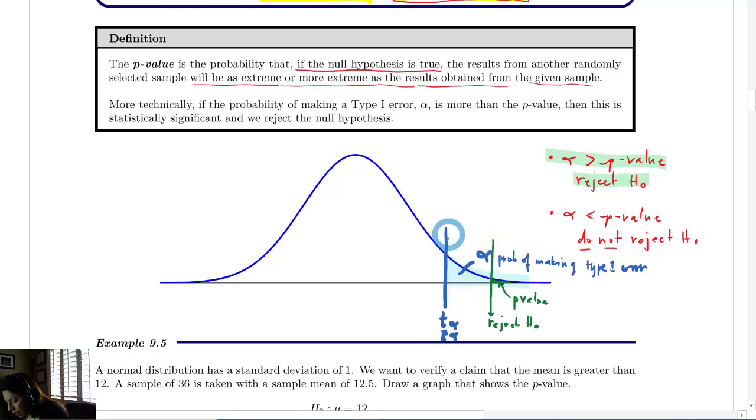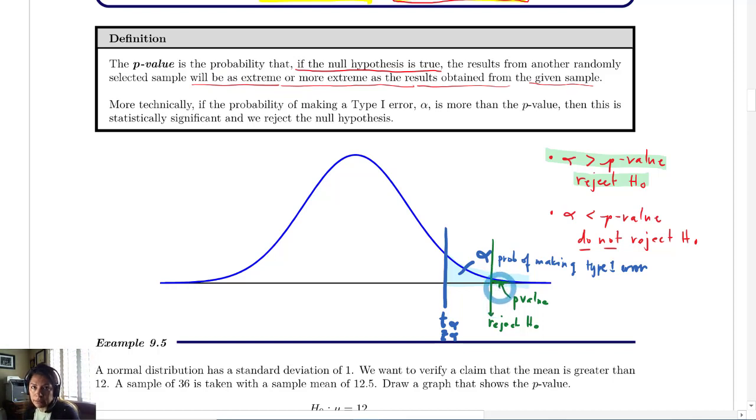So again, if the area here in the tail, that is the probability of making a type 1 error, meaning that we do not reject the null when we should have, is larger than the p-value, the probability that we will randomly select another sample and get the same results is smaller, then we have to reject the null.